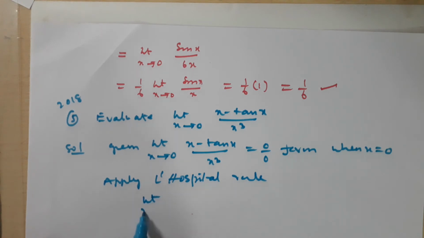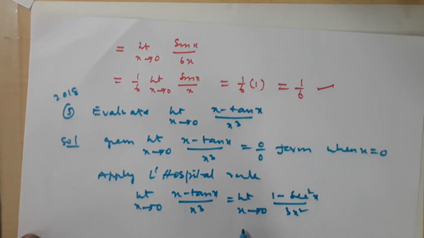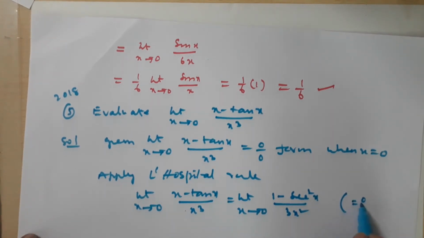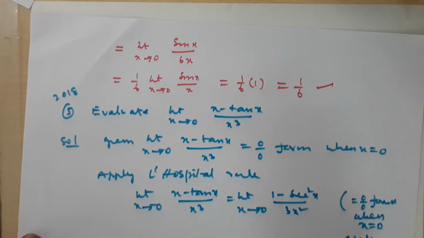Limit x tends to 0 x minus tan x by x cube is equal to limit x tends to 0 1 minus tan x differentiation, that is secant square x, divided by 3x square, is equal to 0 by 0 form when x is equal to 0. So apply L'Hospital.